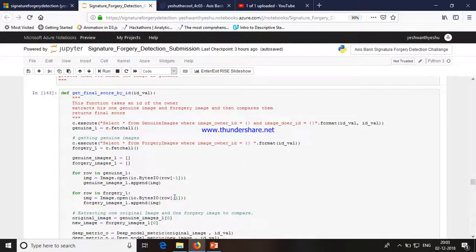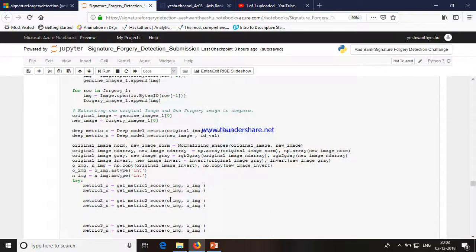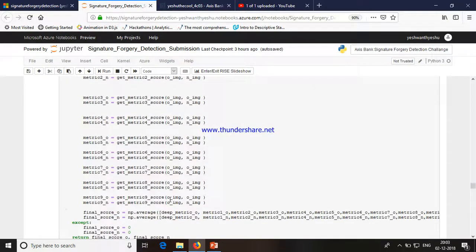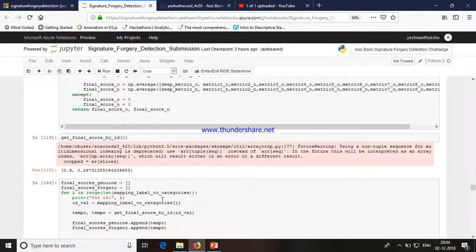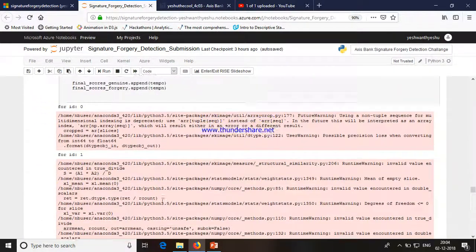In my data set, I have 44 different users, and I have collected one genuine image and one forgery image for each of these users. I compare them with the genuine ones and evaluate the results.